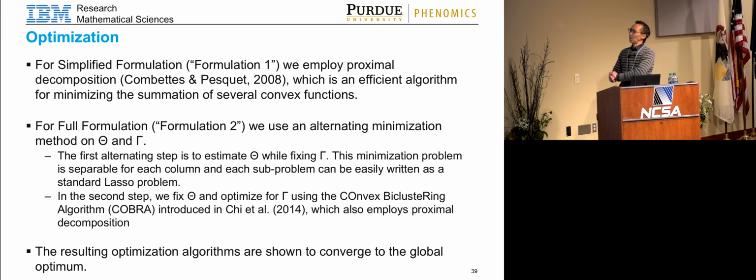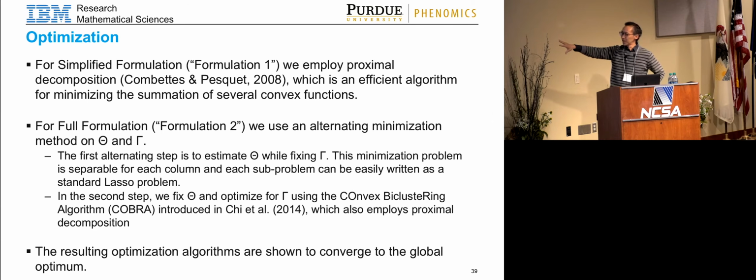Now, it's a little confusing because I flipped on you, but formulation 1 is the simpler formulation that I just showed you. And formulation 2 is the full formulation that involves these gammas. For formulation 1, there actually exists an algorithm that can be used to solve.